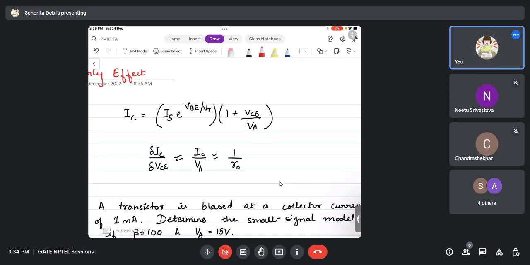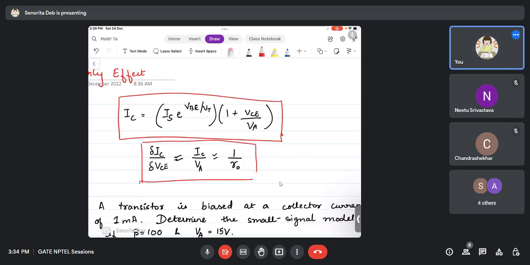What we bother about is that the IC formula changes by the presence of the early voltage. Because of early effect in BJT, there is an early voltage that is present. This early voltage basically gives rise to an output resistance, which is denoted by R naught, and R naught is given by early voltage upon IC.